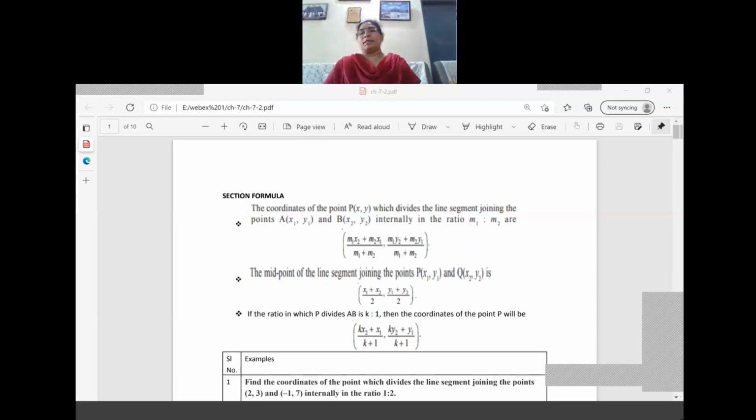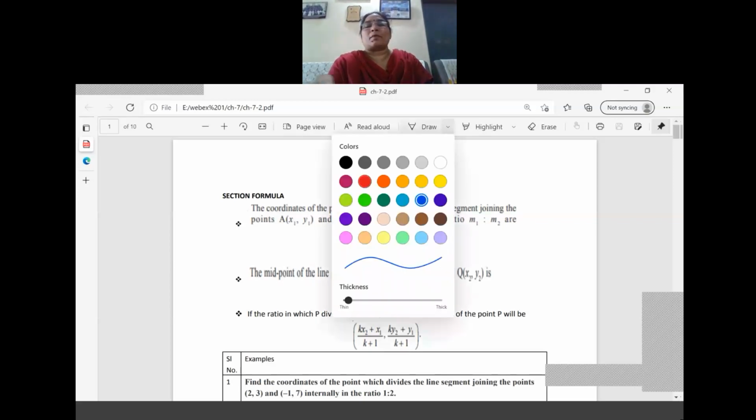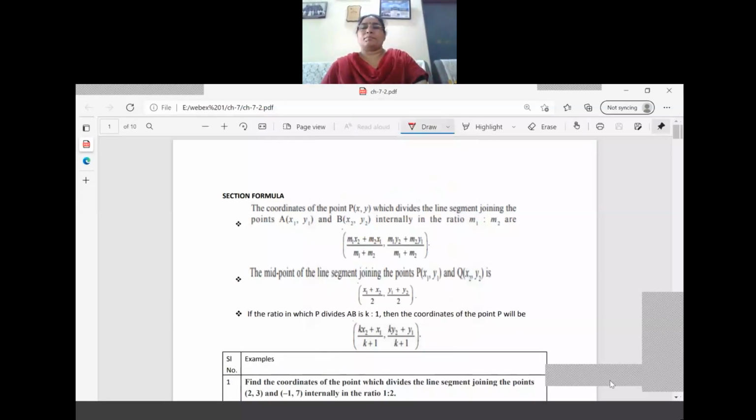If you remember the diagram, what we have done here: we have a straight line joined by two points, taken as A(x1, y1) and B(x2, y2).